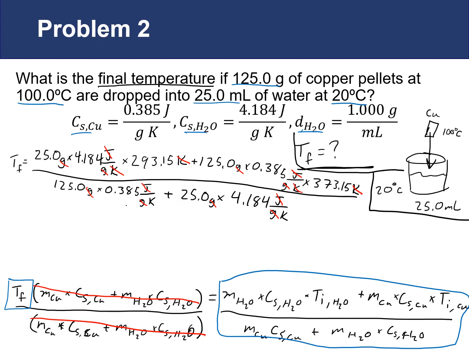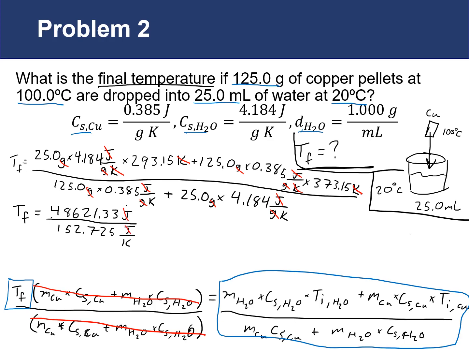Plugging all that in to get our final temperature, everything on the top comes out to be 48,621.33 joules divided by 152.725 joules per Kelvin, right? And so our joules end up canceling each other out, giving us Kelvin.